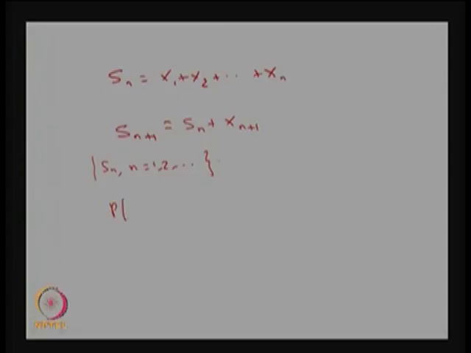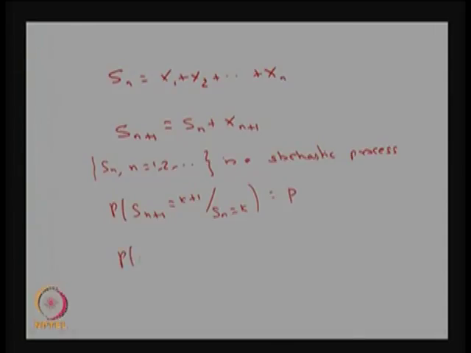The probability that Sn plus 1 is k plus 1, given that Sn was k, means the head appears in the n plus 1th trial, and that probability is p.